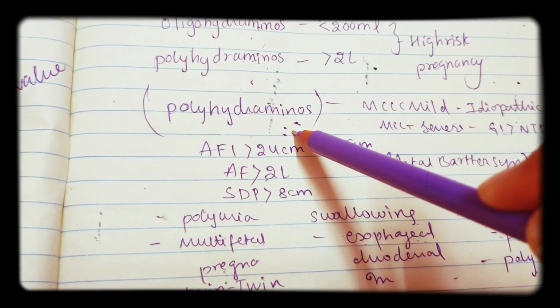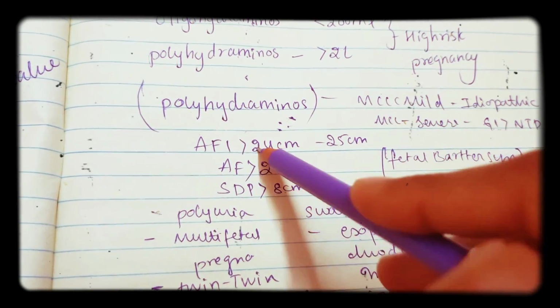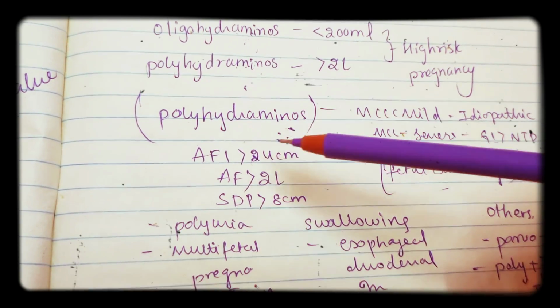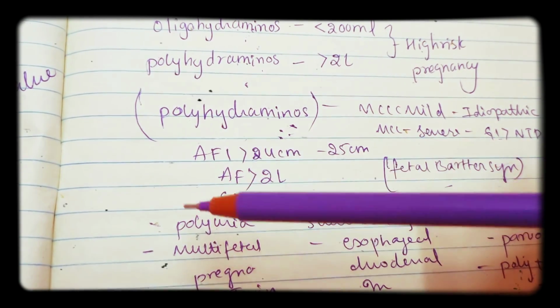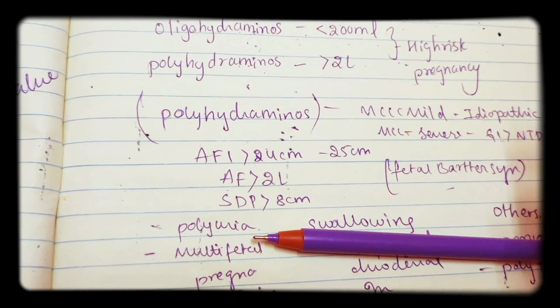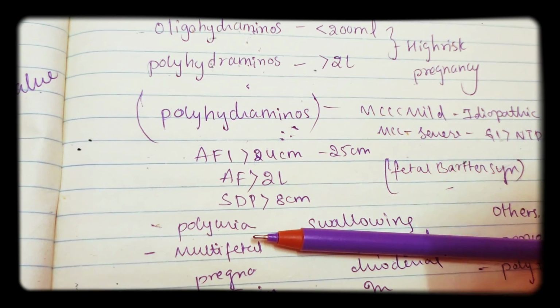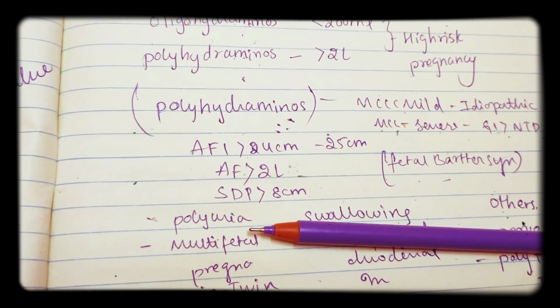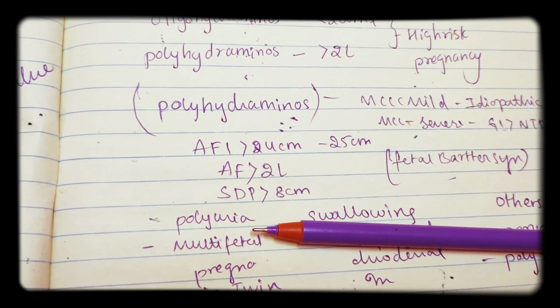There is malpresentation, that is unstable lie, and also maternal respiratory distress, where the mother gets respiratory problems because of the lot of amniotic fluid. So what is the treatment for this? You do serial amniocentesis to relieve this problem. So this is all about polyhydramnios. We'll continue now with oligohydramnios.